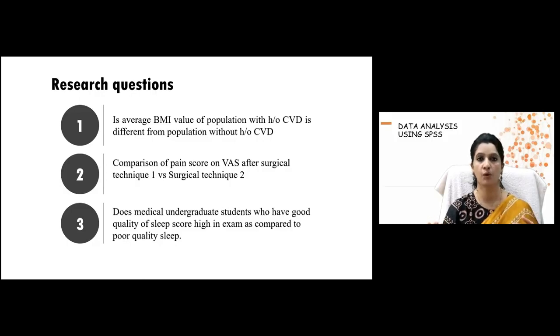Similarly, the pain score is a continuous variable, whereas surgical technique 1 and surgical technique 2 is a nominal variable. Third, the mean marks is an example of continuous data, and undergraduate students who had a good quality of sleep and who did not have a good quality of sleep will be categorical data.